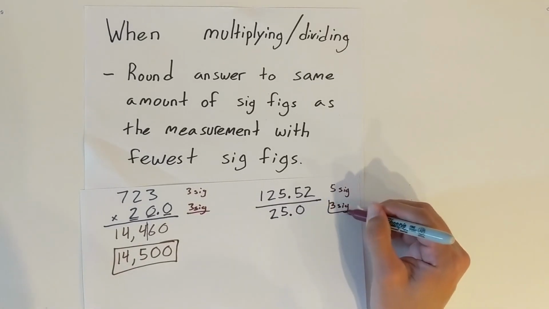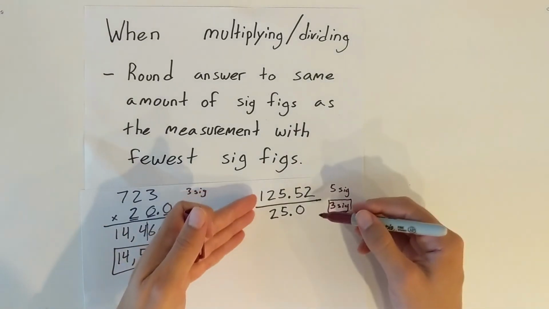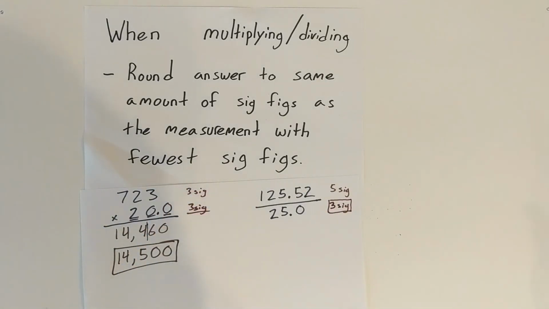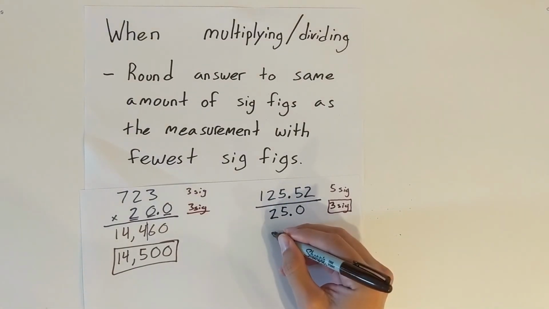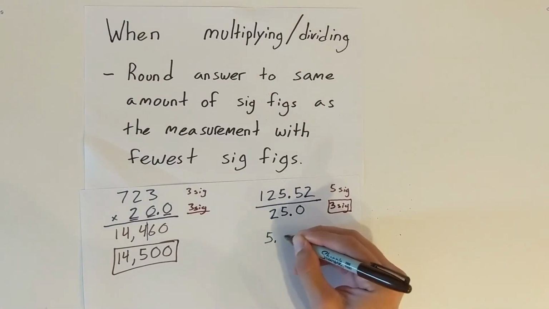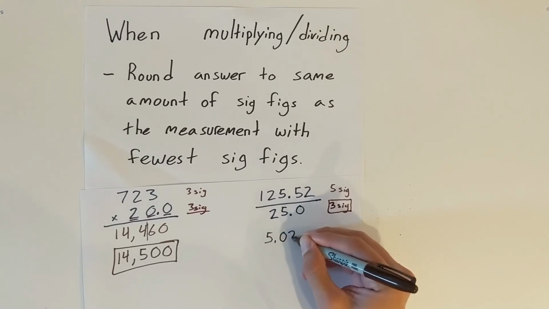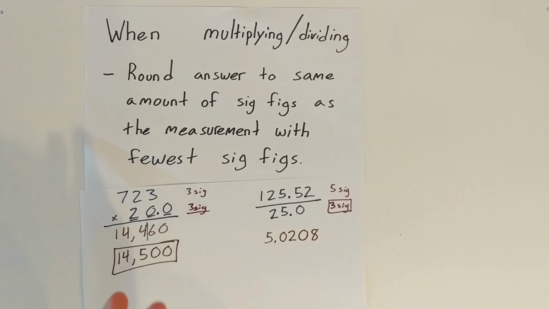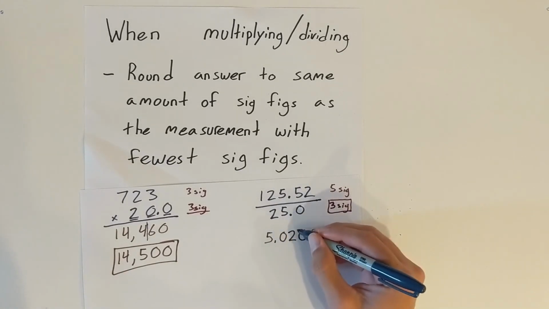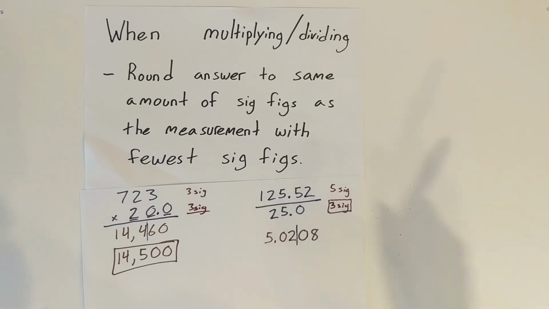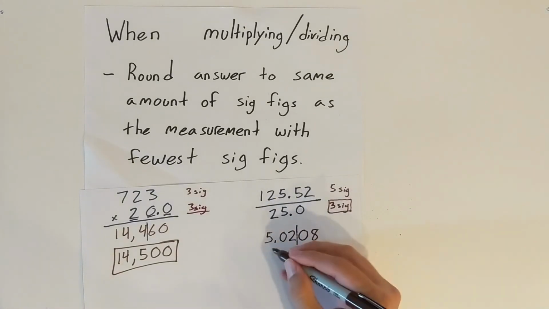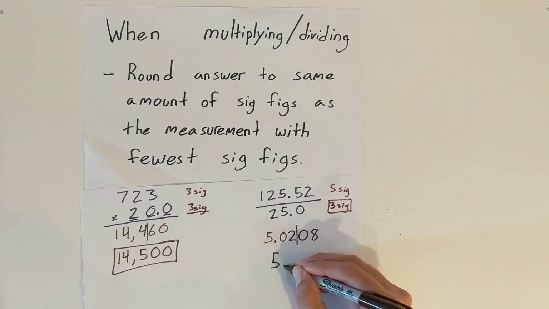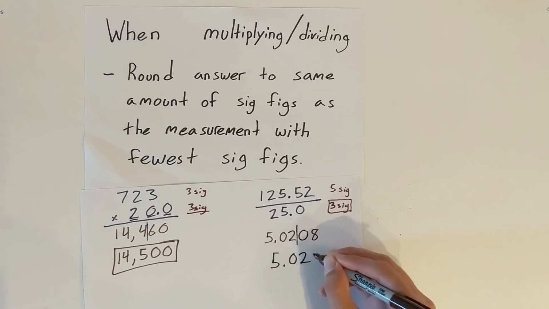So I will round my answer to the nearest 3 sig figs. So again, I'll just stick this directly into the calculator. I will get an answer of 5.0208. And if I want to round it to 3 significant figures, I would have to stop right here. So I would round down. So my answer would be 5.02.